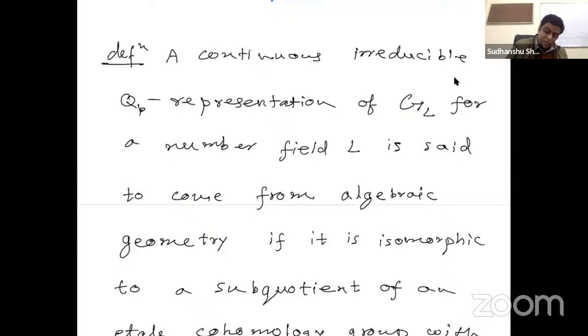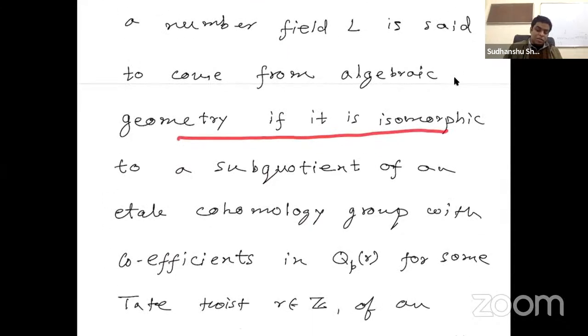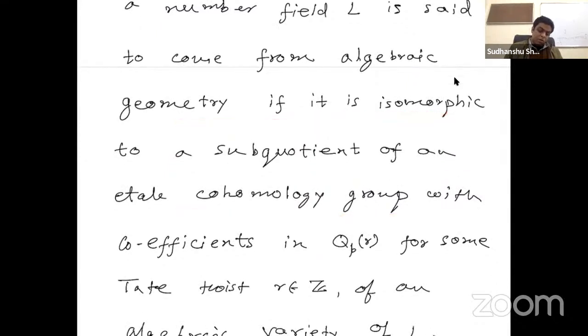You can take L equal to Q, in which case it is a representation of G_Q. Then a representation of G_L is said to come from algebraic geometry. Earlier we had a geometric representation, now we have a notion of a representation coming from algebraic geometry. We say it comes from algebraic geometry if it is isomorphic to a subquotient of an étale cohomology group of a variety with coefficients in Q_p(r).